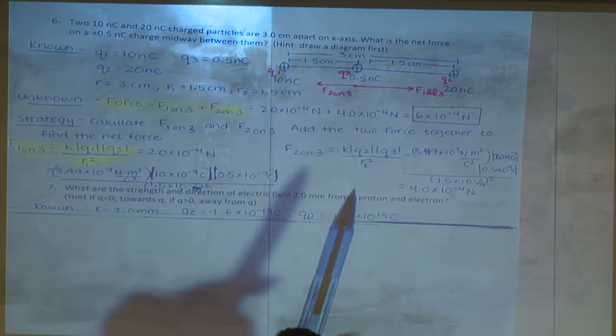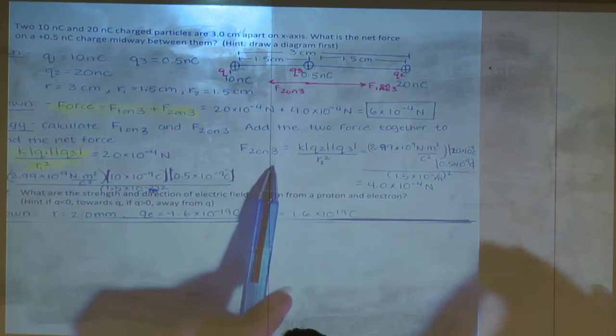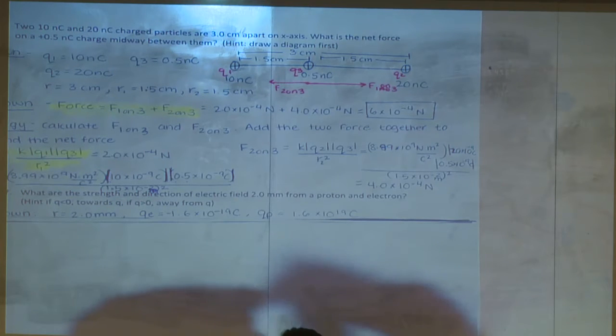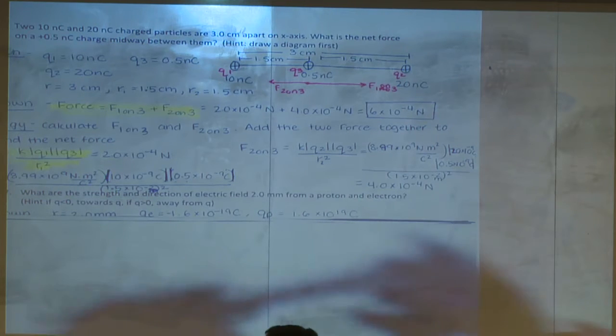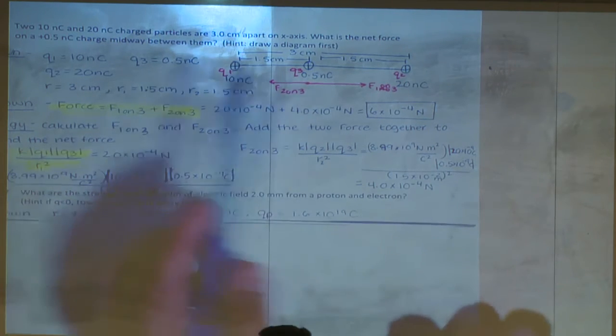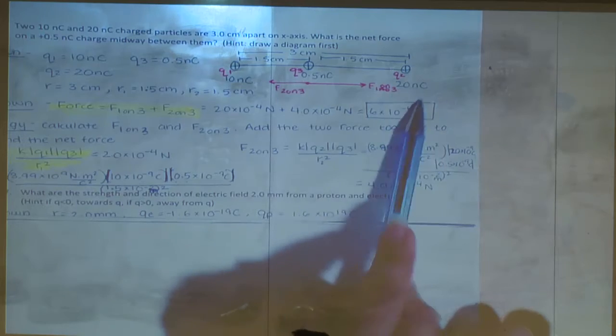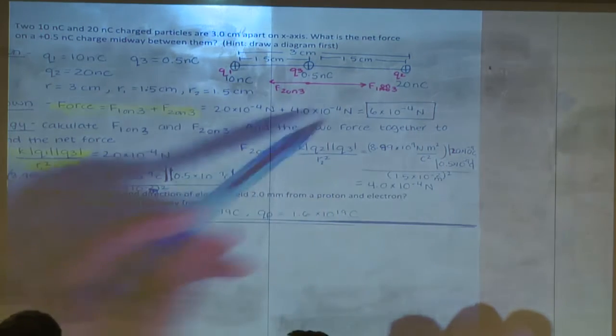And then if we were to calculate the force that charge 2 exerts on charge 3, we would use the same formula, but we would just change the charges because this time it's between charge Q2 and Q3 over the distance.